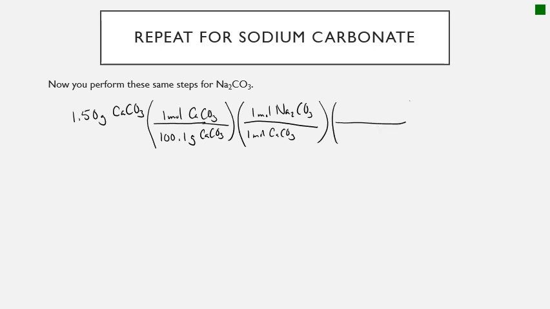That's the number of moles, but of course then we have to go back to grams again. 1 mole of sodium carbonate has a mass, and that mass is 105.99 grams.